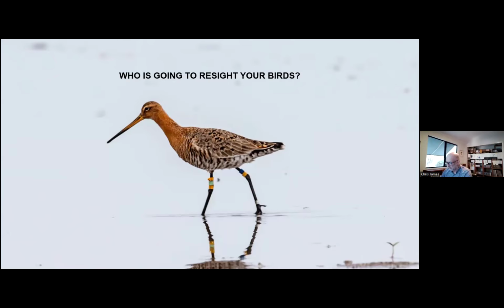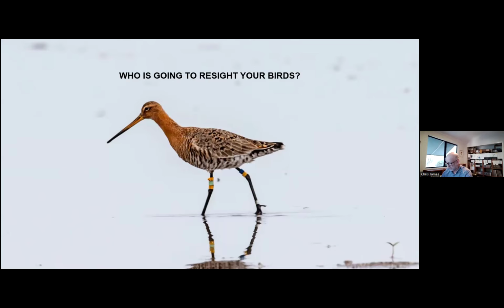You can follow your bird all the time, but it's very expensive, and there are even further welfare issues with putting trackers onto birds. So these things all need to be taken into account.